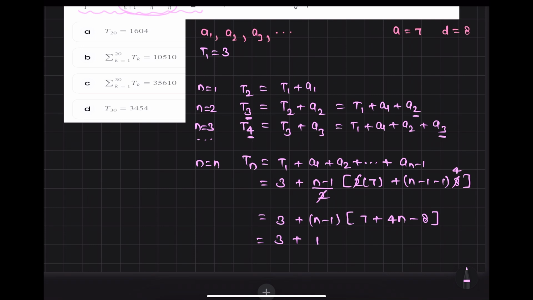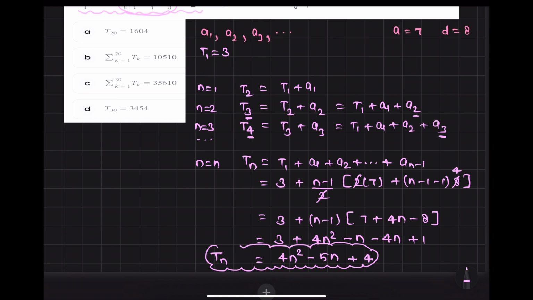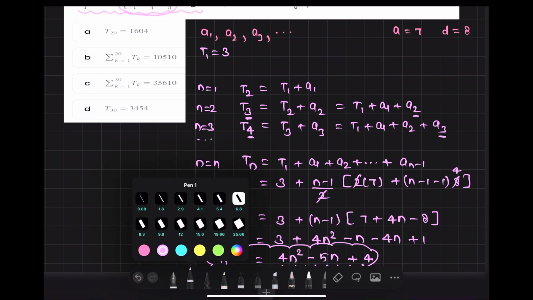So we get 4n square minus n, then minus 4n, minus 1, so it becomes plus 1. So we got 4n square minus 5n plus 4. So we got our formula for the nth term in terms of T. I hope till this part you guys are okay.